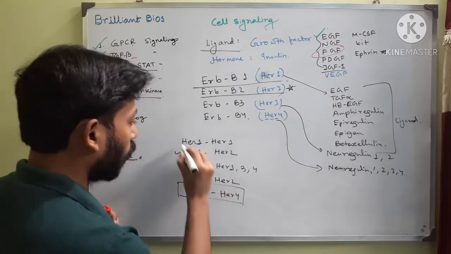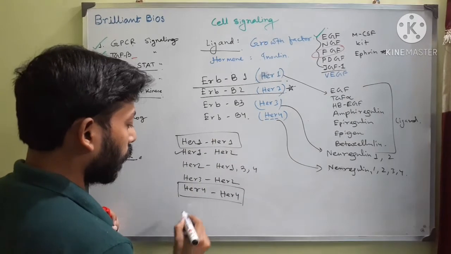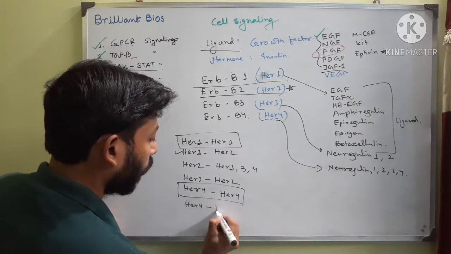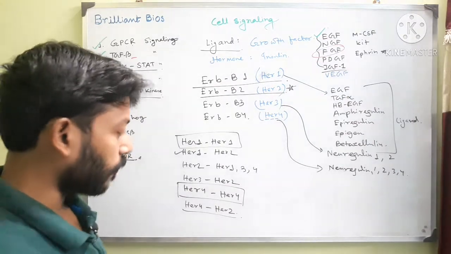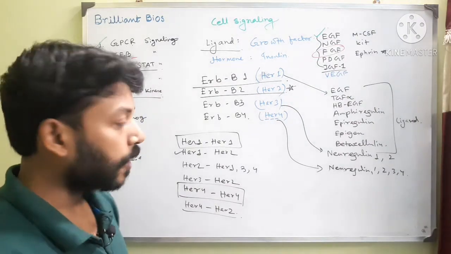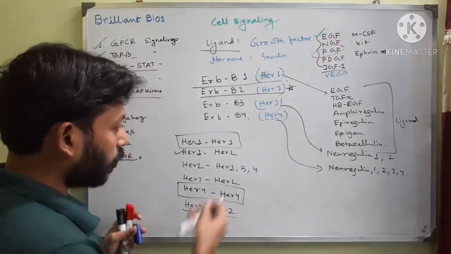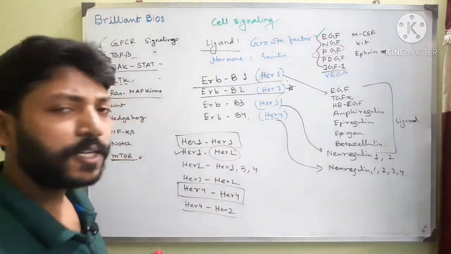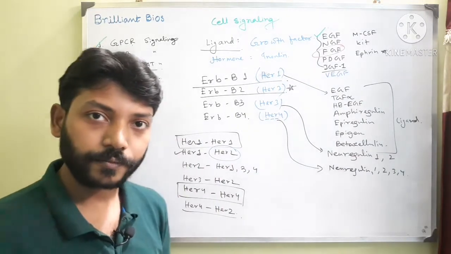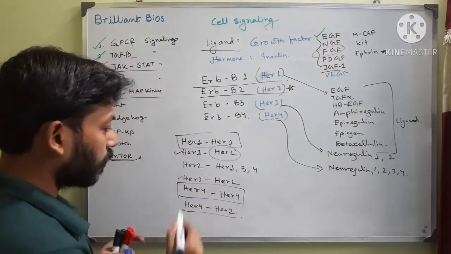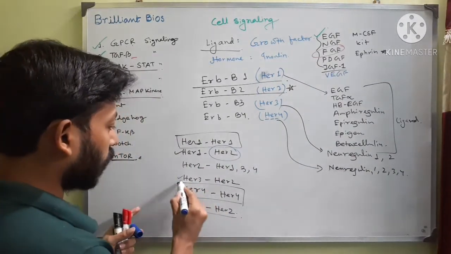So HER1 and HER4 can make homodimers, and HER4 can also bind with HER2. So HER2 has a very significant role, and its structure is very different from HER1, HER3 and HER4. HER3 does not function by itself, it actually associates with HER2.